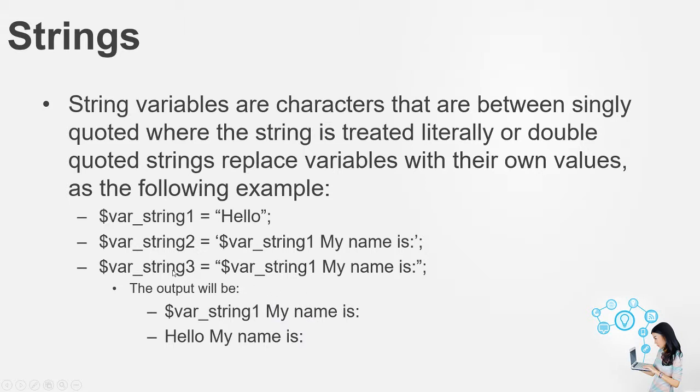And example number three, with double quotes, $string1, my name is. We can see it's gonna display hello, my name is, because it's taking the variable number one and then my name is.